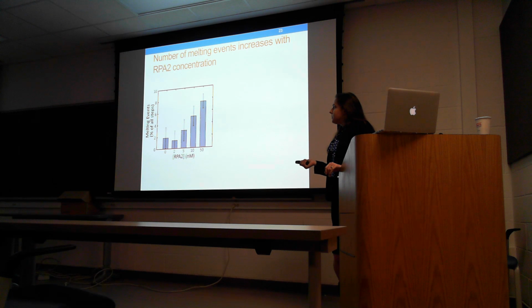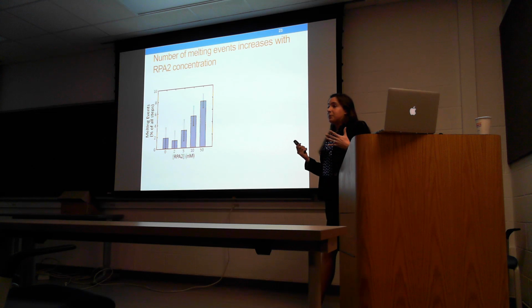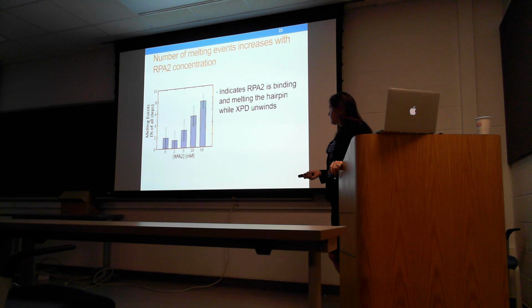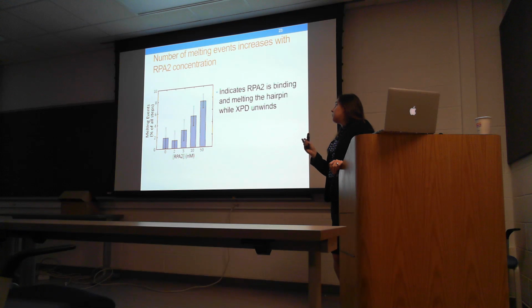There's some false positives, like at 0 nanomolar, but the majority do correspond to an effect of RPA. So yes, this indicates RPA2 is able to interact with that duplex junction while XPD is unwinding. But does this help XPD to unwind, is the question.